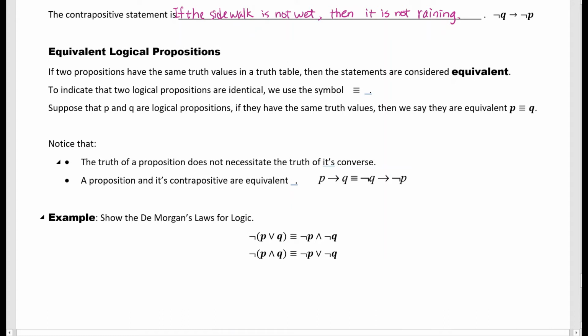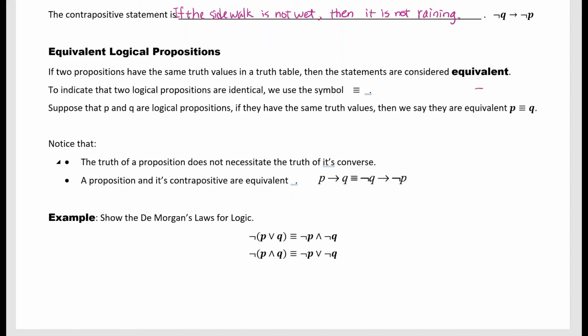Equivalence of logical propositions. If two propositions have the same truth values in a truth table, then the statements are considered equivalent. To indicate that two logical propositions are identical, we use this symbol, three horizontal line segments.